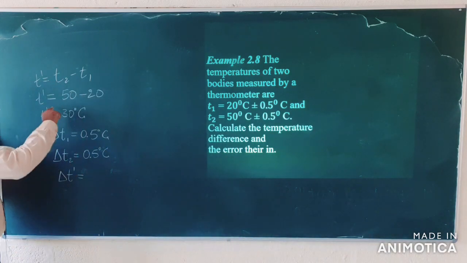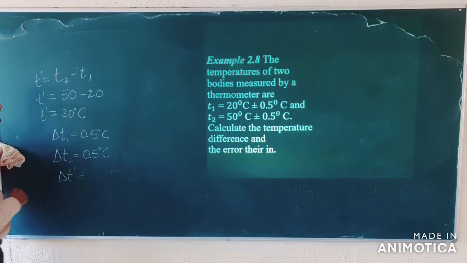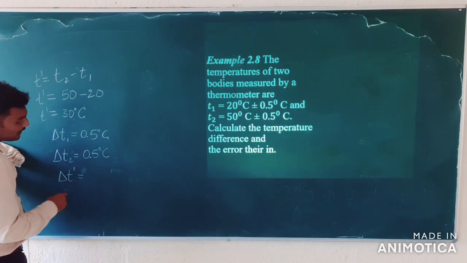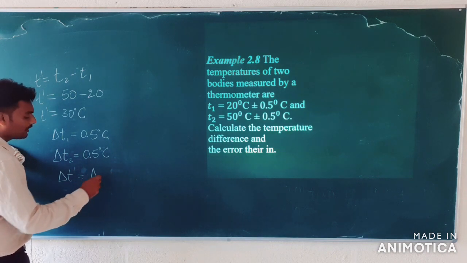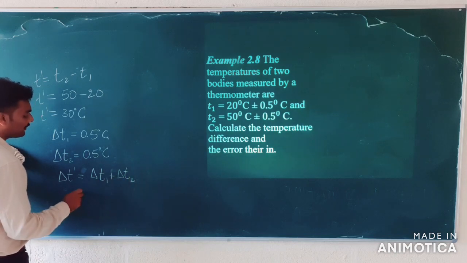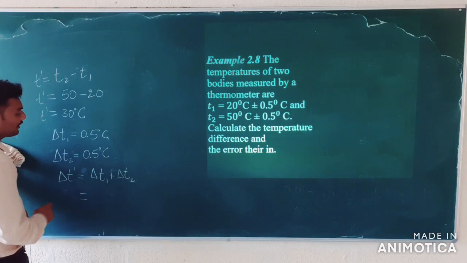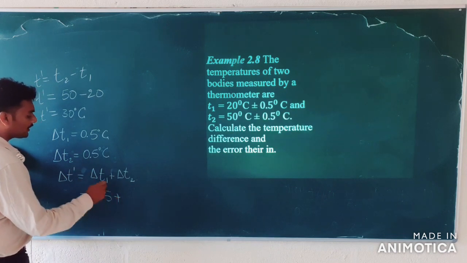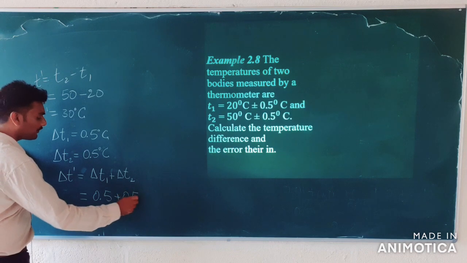So when we have either the sum or difference of two readings, delta T dash is given by delta T1 plus delta T2. The errors always add up, whether it is addition or subtraction. Delta T1 is 0.5 plus delta T2 is also 0.5.